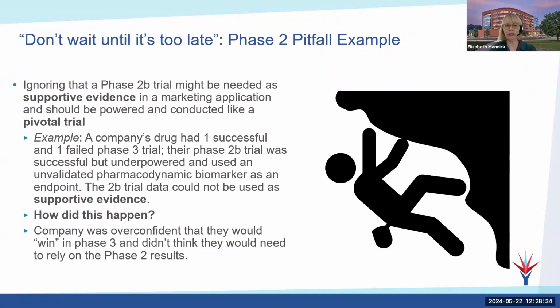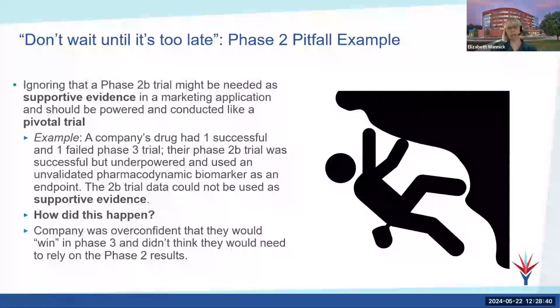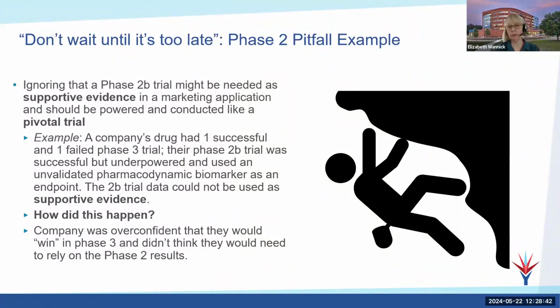Another is ignoring that a phase 2b trial might be needed as supportive evidence in a marketing application, and therefore should be powered and conducted like a pivotal trial. So an example is a company's drug had 1 successful and 1 failed phase 3 trial. Their phase 2b trial was successful, but underpowered and used an unvalidated pharmacodynamic biomarker as an endpoint.